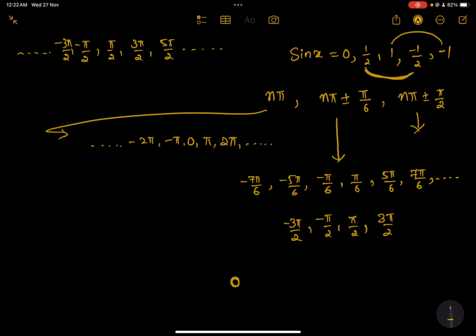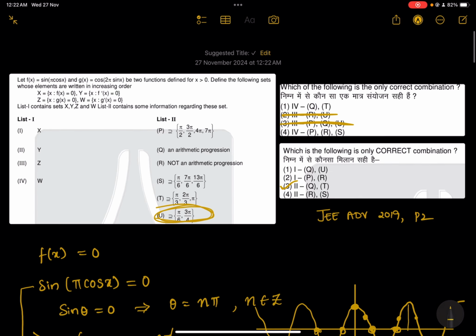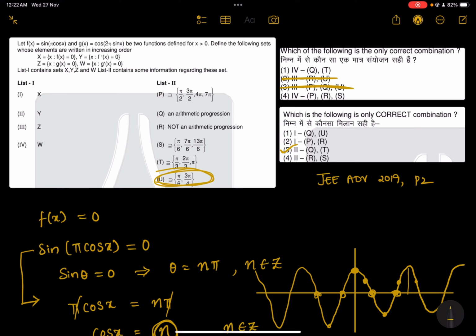So the first value, the middle value, is 0. Next comes pi by 6, and next comes pi by 2, and so on. We got 3 terms. These 3 terms are not in AP, so it doesn't form an AP. So we can rule out this option. So if we check the fourth option, P: pi by 2, 3 pi by 2, 4 pi, 7 pi.